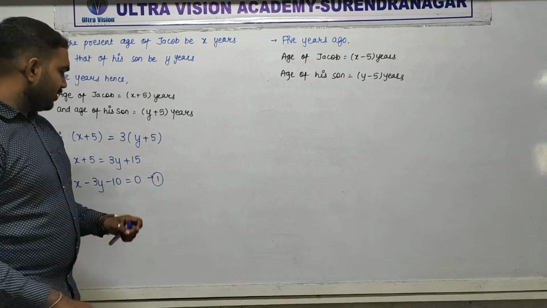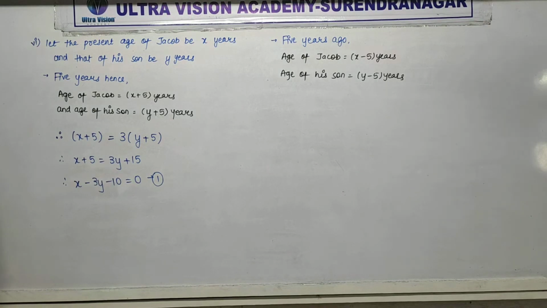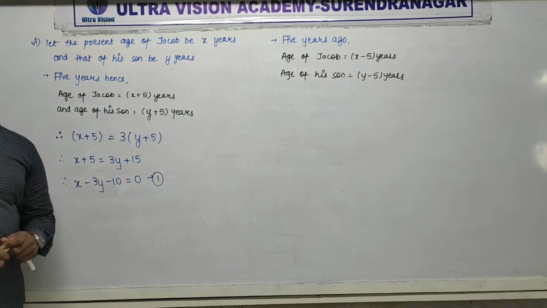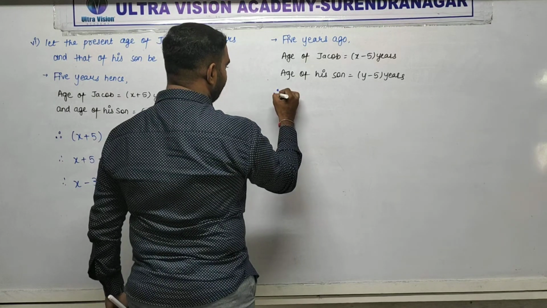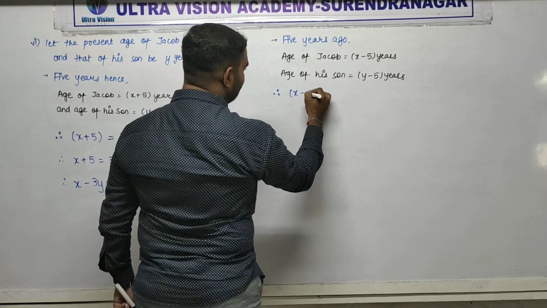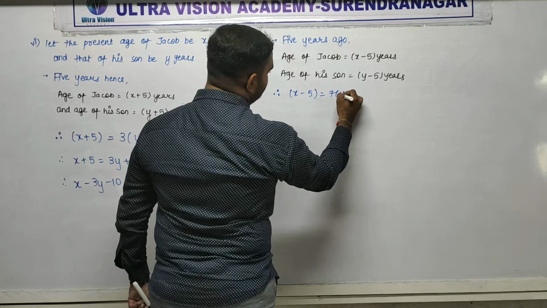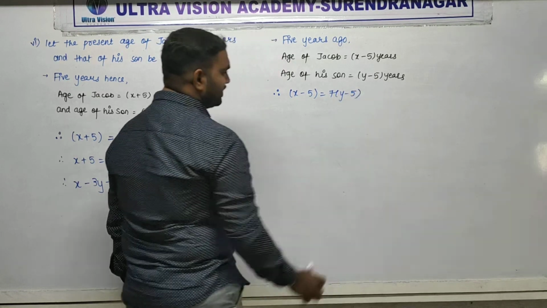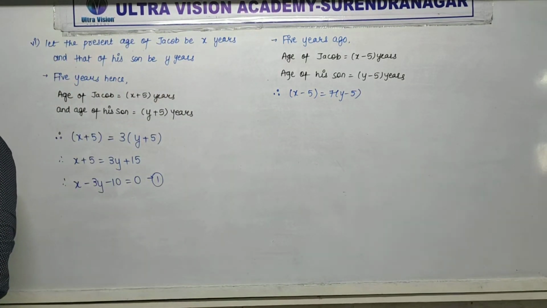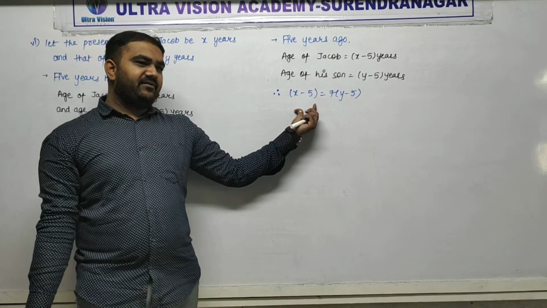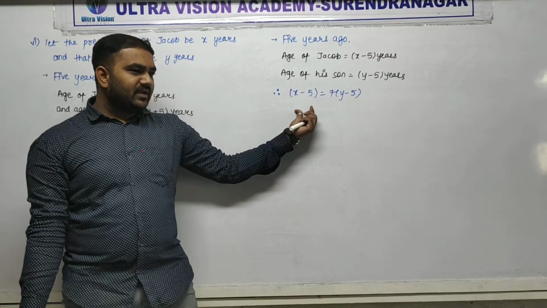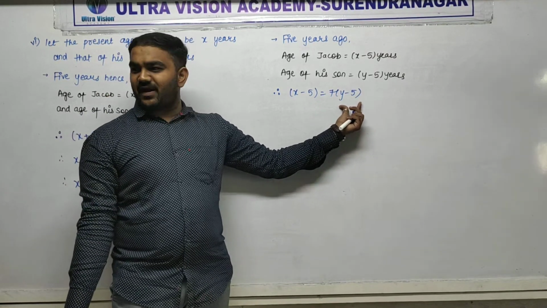7 times. તો અહીંયા શું થઈ જશે? 3 ની જગ્યાએ 7. But જોડે જોડે x plus 5, y plus 5 ની જગ્યાએ x minus 5 and y minus 5. Therefore, x minus 5 is equal to 7 times y minus 5. Yes or no? Yes. Did you get this? Yes. You can check. Age of Jacob before 5 years was x minus 5. Age of his son before 5 years was y minus 5.